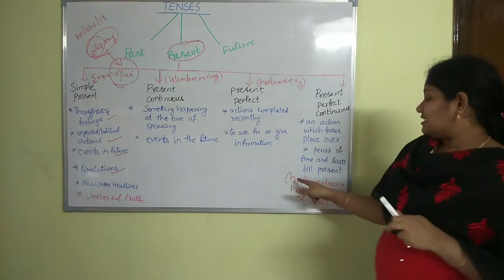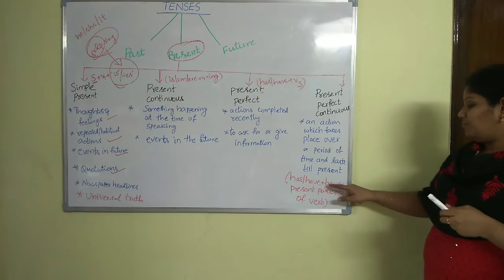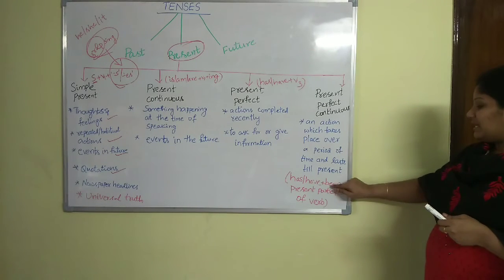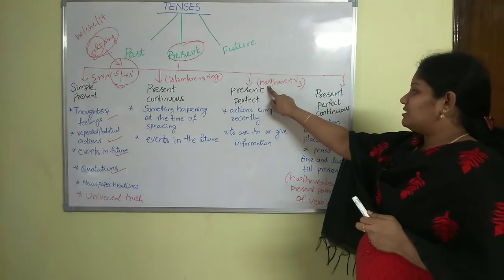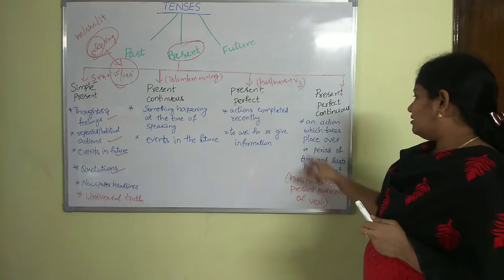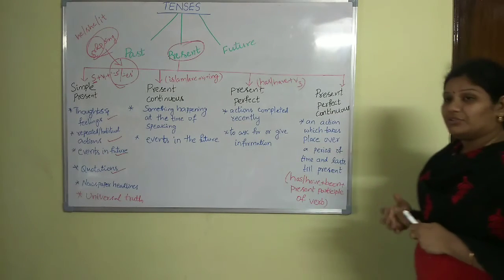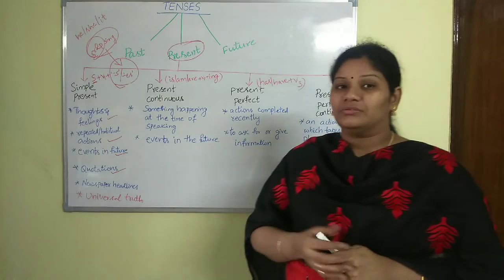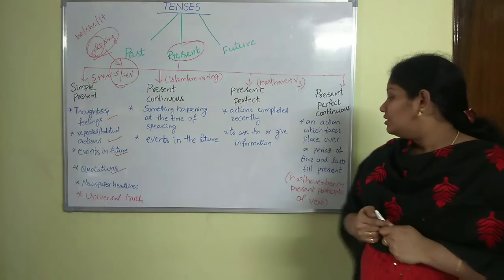That means if the subject is plural or I, then you will go with have plus been. Been indicates the continuous tense here. Here also it is common: has or have plus been plus the present participle of the verb. What is the present participle? V1 plus ing is nothing but the present participle.